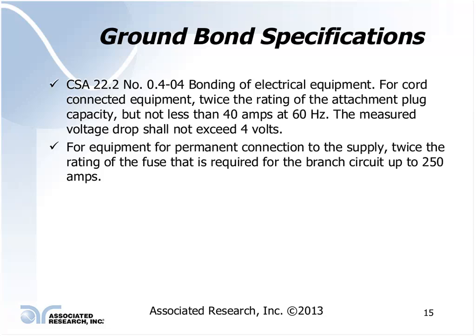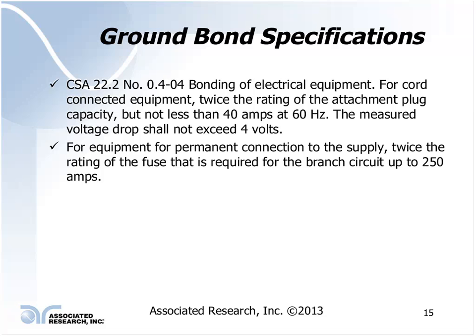CSA, Canadian Standards Association 22.2, number 0.4-04, bonding of electrical equipment. For cord-connected equipment, twice the rating of the attachment plug capacity, not less than 40 amps at a frequency of 60 hertz.